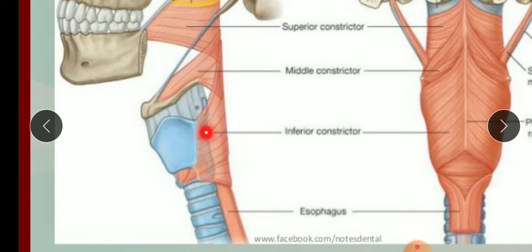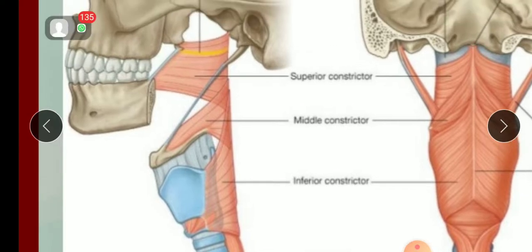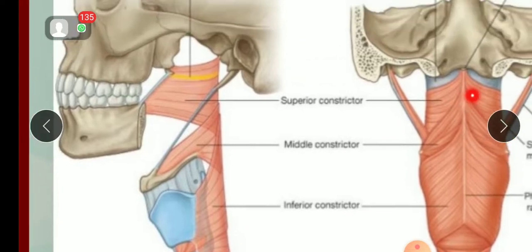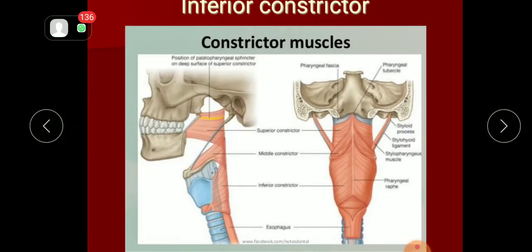So this is the thyropharyngeus part. This is the cricoid cartilage. And those transversely running fibers there, that is the cricopharyngeus. So finally, in the center, you are seeing the median fibrous raphe. Are you seeing that? It is into that median fibrous raphe that you find the muscles coming for insertion.